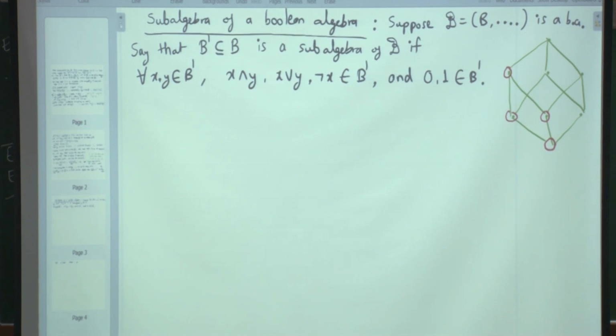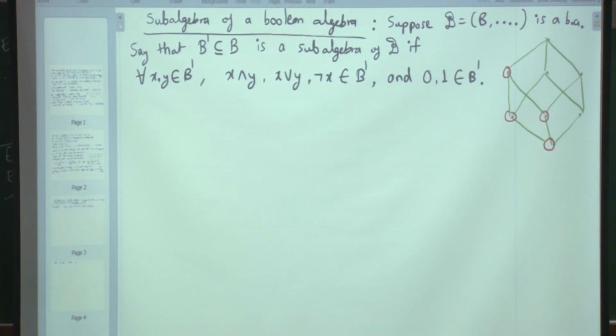So it's a Boolean algebra, but it is not a subalgebra. For it to be a subalgebra, it should get everything induced. Induced as in from the parent Boolean algebra. The parent Boolean algebra is the green one. So it must contain this 0, and it should be closed under join, meet, and negation. It cannot have its own negation operation. It cannot have its own join or meet operation or its 0 and 1.